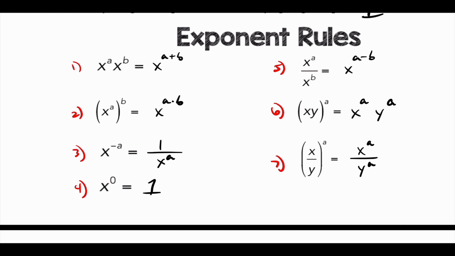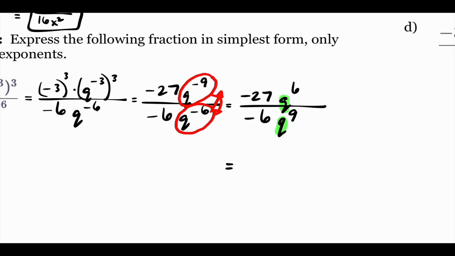Rule 5 says, what do I do with the powers? Subtract them. Good. So when I subtract 6 minus 9, I get 3 left over, right? Where are the 3 going to be? Left over on the bottom or left over on the top? On the bottom. So that means I'm going to have q to the positive 3 on the bottom, since that's where they're going to be left over.